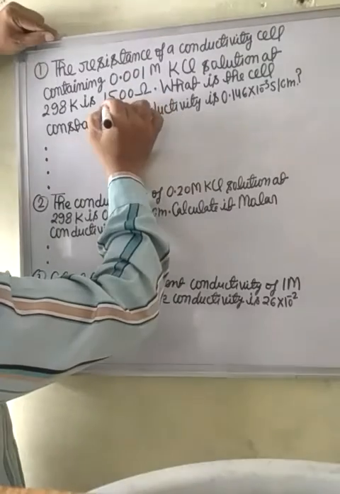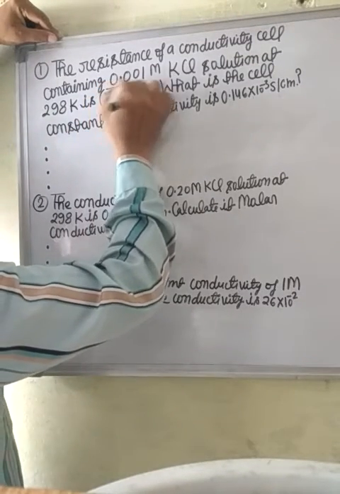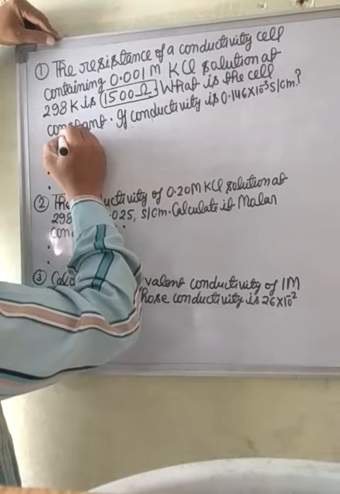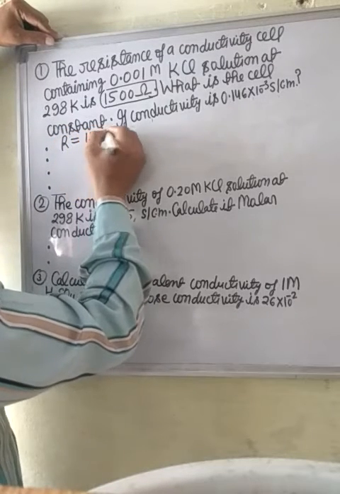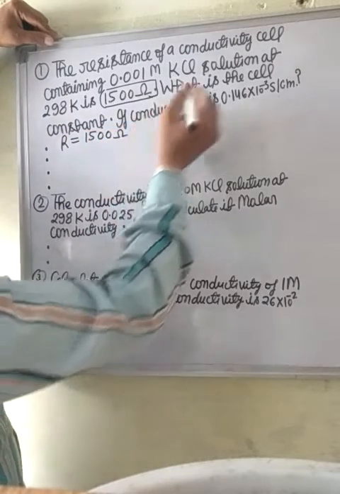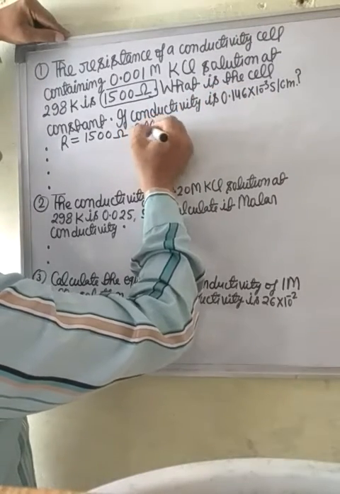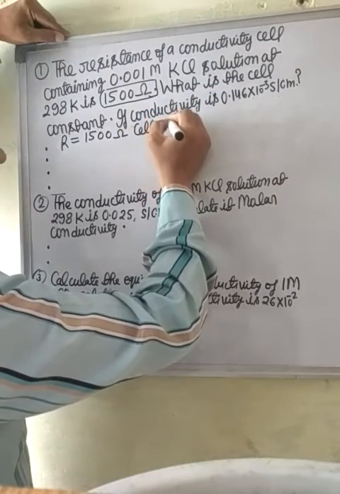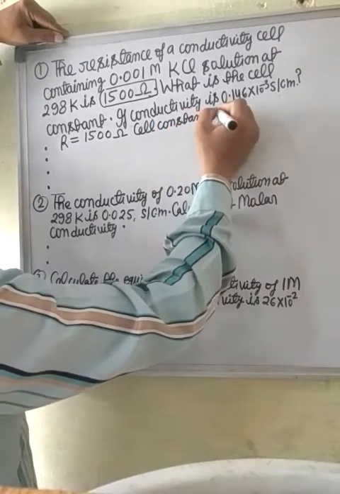So resistance R is equal to 1500 ohm. What is the cell constant? We have to find out the cell constant in this question.